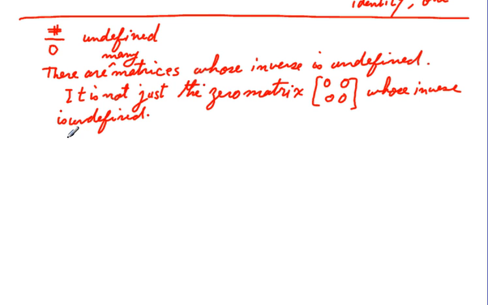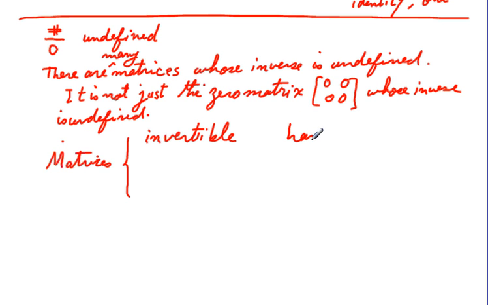But right now, let's just have this in the back of our mind that matrices come in two varieties. The ones that have an inverse, we call them invertible. These are things that have an inverse. And then there are other ones. We can call them non-invertible, which is kind of strange English. Sometimes they call them singular, which might sound, again, as strange English to you.